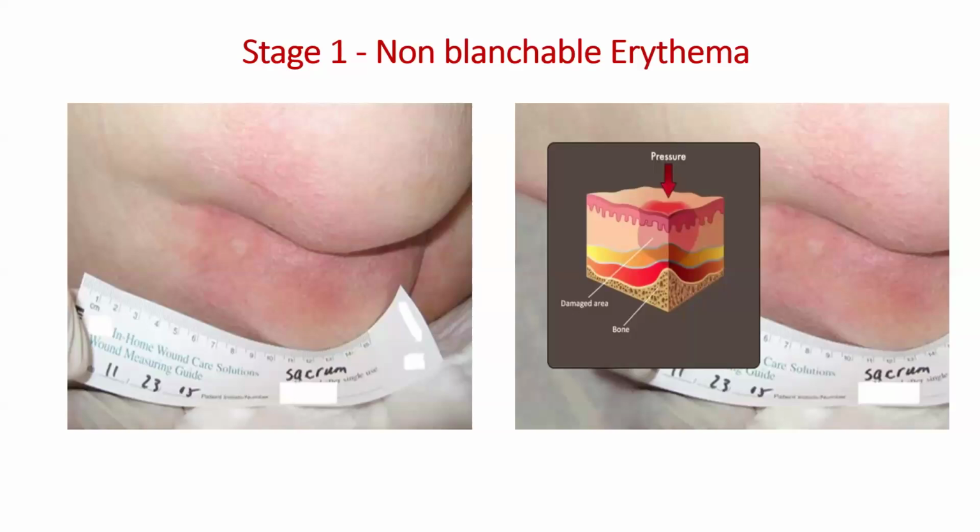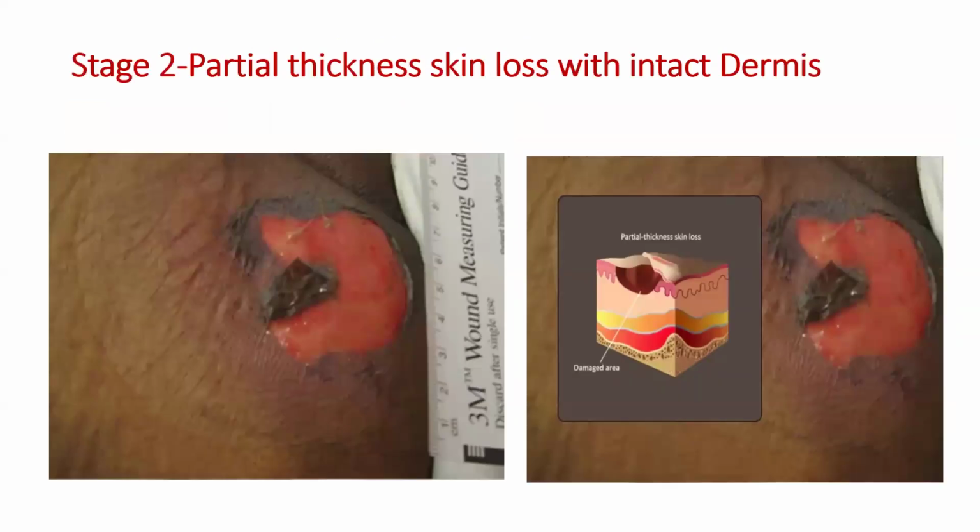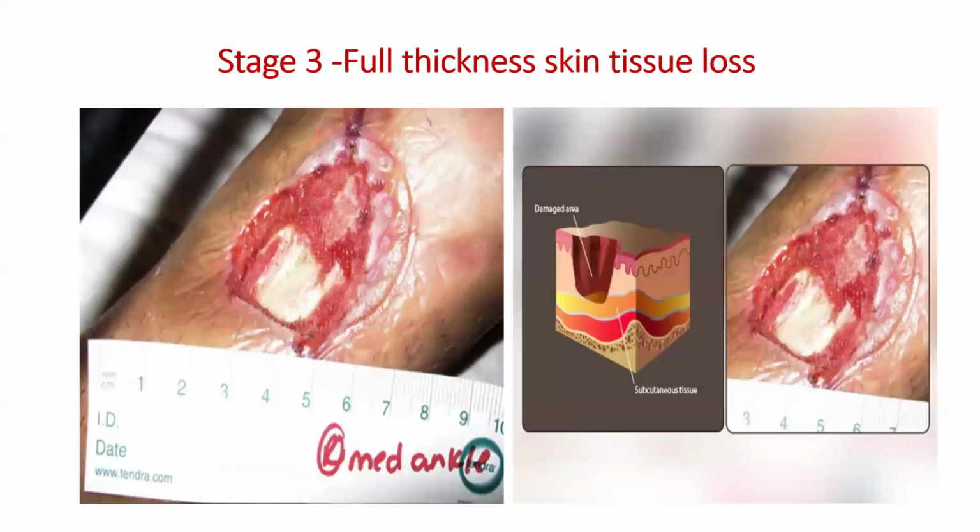I'm going to show you some pictures for different stages. Stage 1, non-blanchable erythema. Stage 2, partial thickness skin loss with intact dermis. Stage 3, full thickness skin tissue loss.